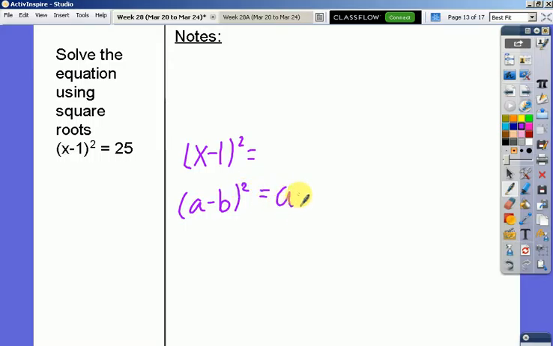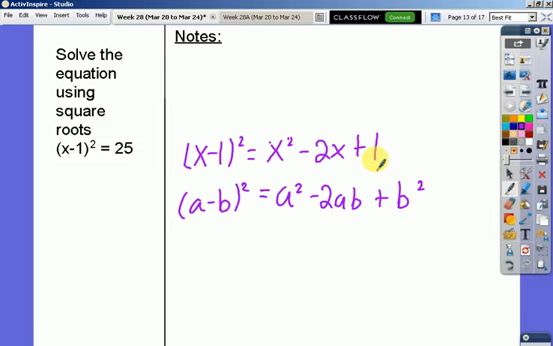So I know that's a squared minus 2ab plus b squared. This is going to be x squared minus 2x plus 1. Yeah?